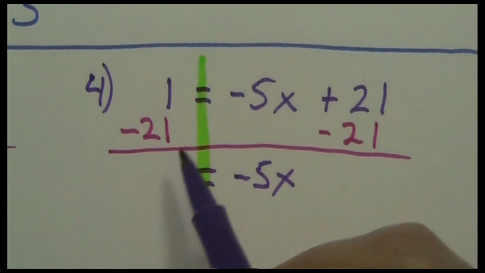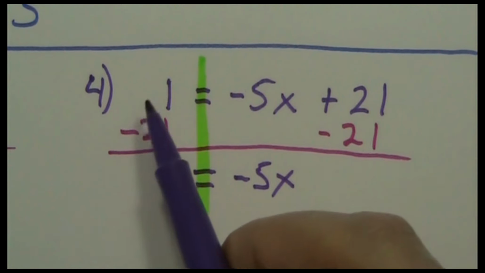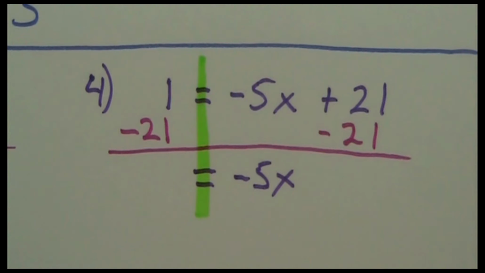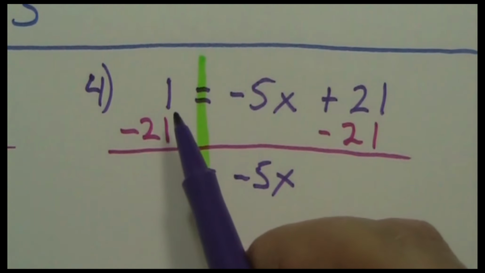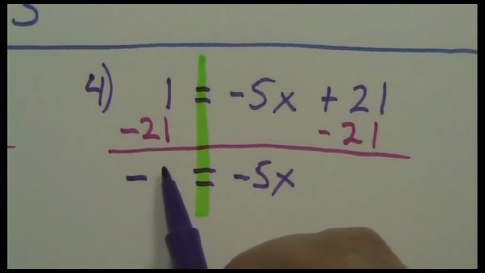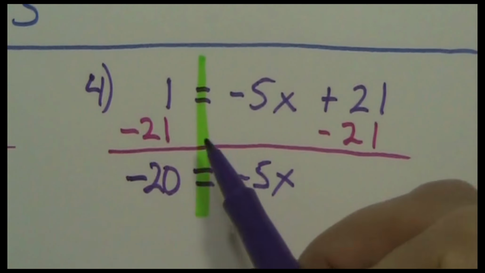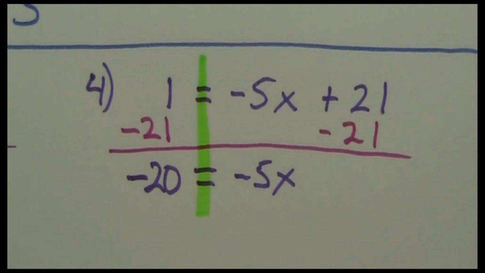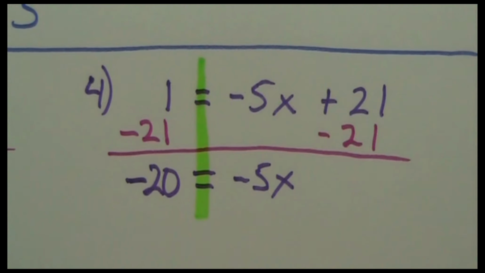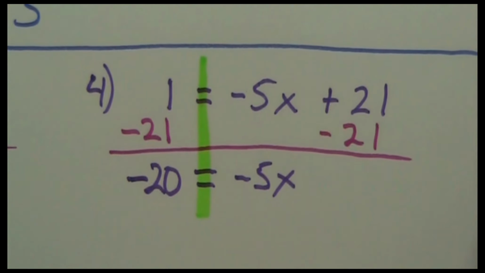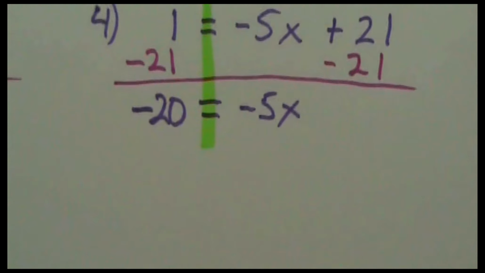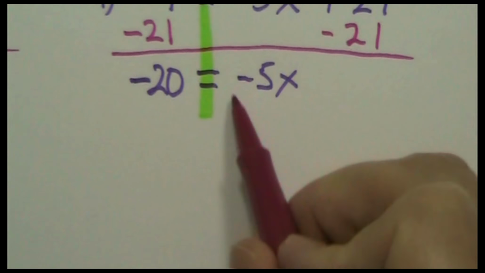On the left side, -21 plus 1. There's more negatives. Matter of fact, there's 20 more negatives than positives. Okay, now I need to get rid of the coefficient. This is the coefficient.